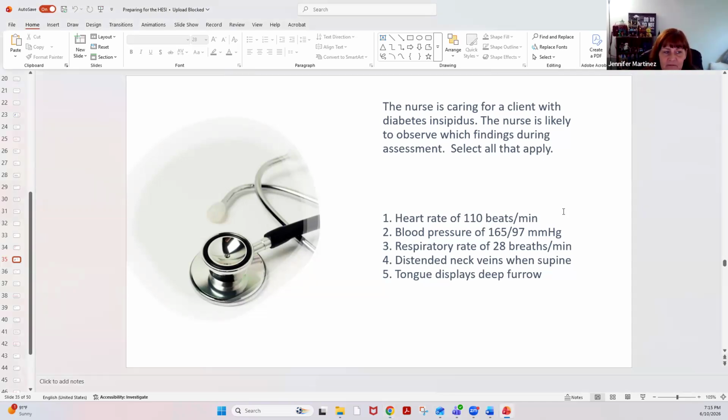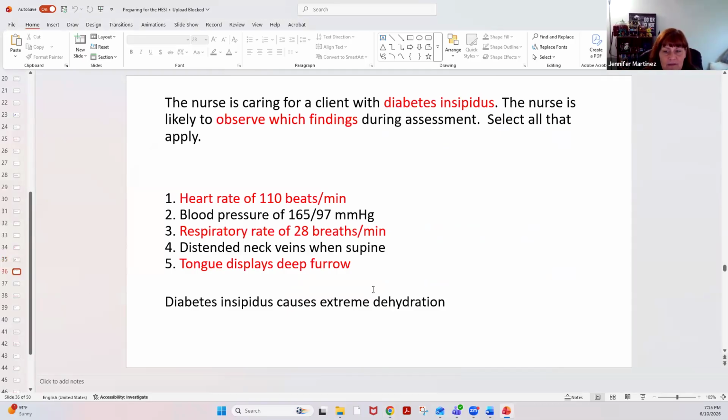And yes, the deep furrows come with dry mucous membranes. Have you ever been really thirsty or had really bad dry mouth, and your tongue starts to hurt because it's so dry? When it starts to look like a shriveled raisin, you can get deep lines just because of that dehydration.